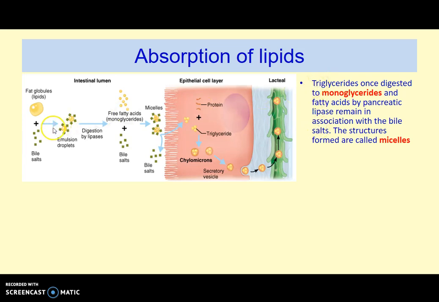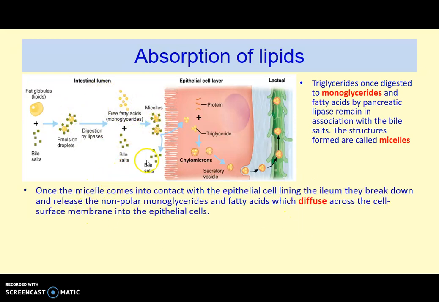First of all, triglycerides, once they've been digested, are digested, remember, into monoglycerides and free fatty acids. Pancreatic lipase, with the help of bile, forms those micelles, and they've been broken down, and we're still in the intestinal lumen here.